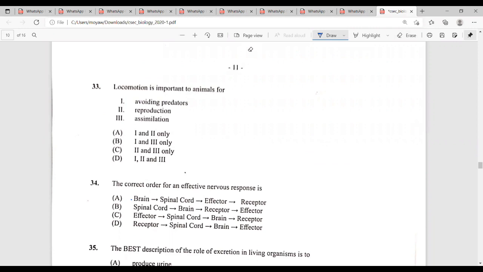Question 33. Locomotion is important to animals for: 1, avoiding predators, 2, reproduction, 3, assimilation. Now we're talking about locomotion. Remember, locomotion is the movement of an organism from one place to the next, or from point A to point B. It's different from movement, because movement is not necessarily moving from one place to the next.